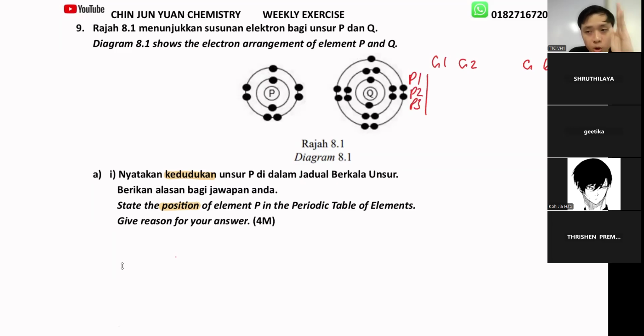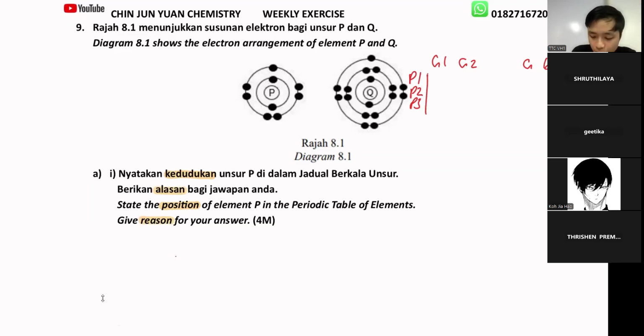Groups are vertical columns, and periods are horizontal rows. If they talk about position, then they ask you for reason, or alasan in Malay. Position means you have to talk about group and period. Group in Malay is kumpulan, and period in Malay is called kala.